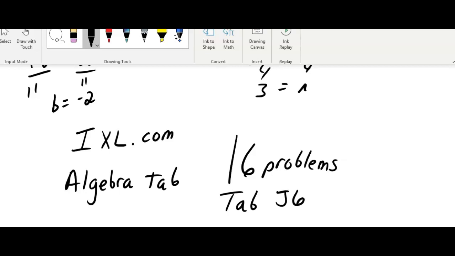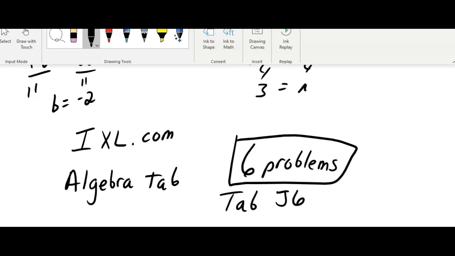So I want these 6 problems submitted in Google Classroom. Okay, and take up a good full sheet of paper. Sometimes you guys are writing really, really small. Use a full sheet of paper. Write down 6 problems. Okay, and send me those 6 problems.